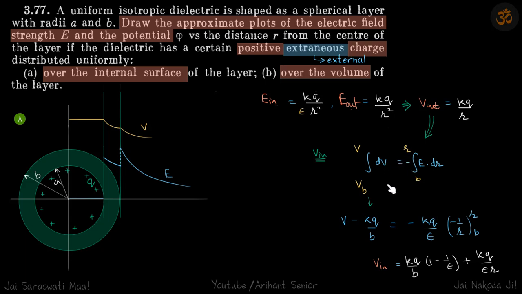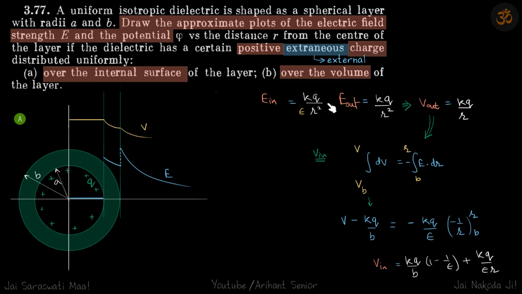Here the value of VB is kq by B, and the value of E here is E inside. So if you put kq by epsilon r square here and integrate, you will get this. And here you will just write V minus VB, which is kq by B. If you open this, you are going to get V in is some constant plus kq by epsilon r.